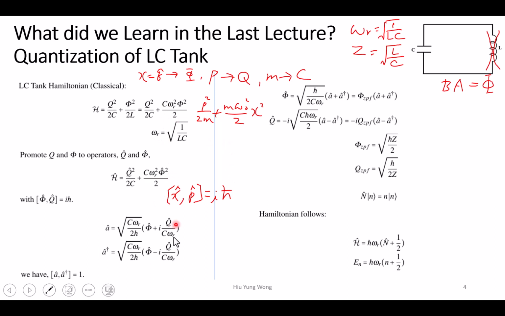Everything is the same. Naturally, I can write down the same equations for the lowering and raising operators, or annihilation and creation operators, and they obey the same commutation relationship.